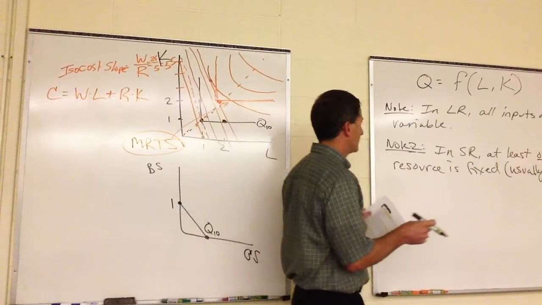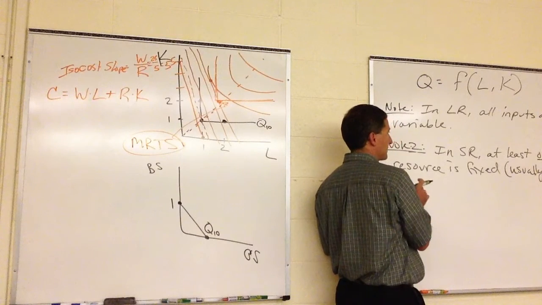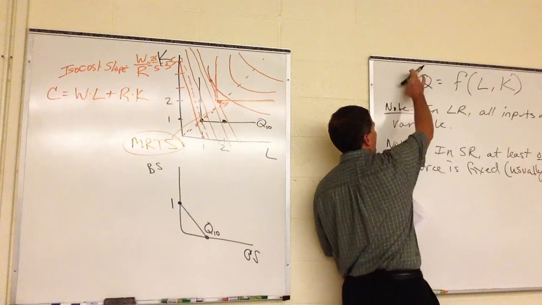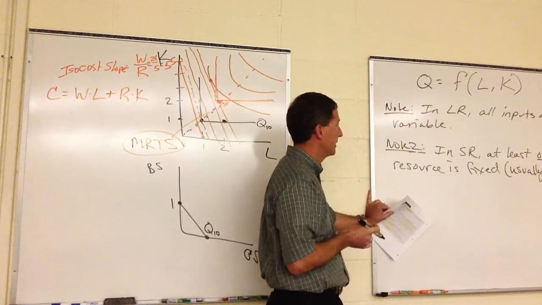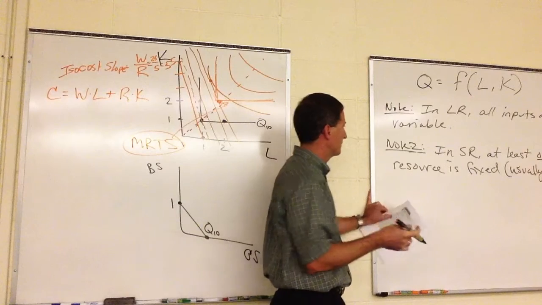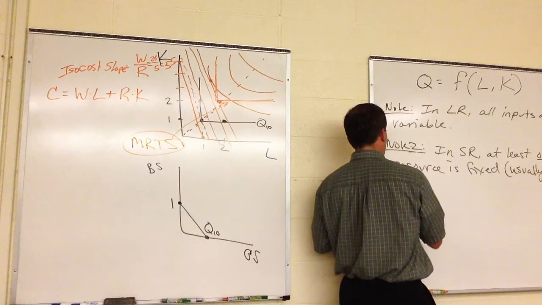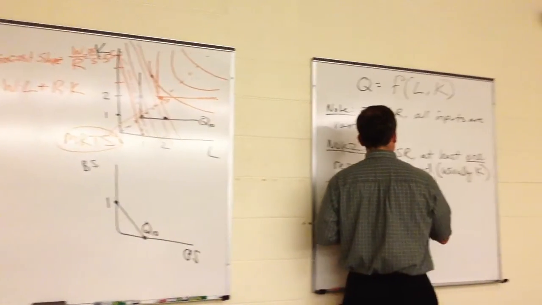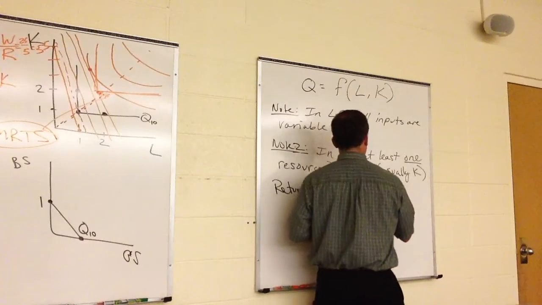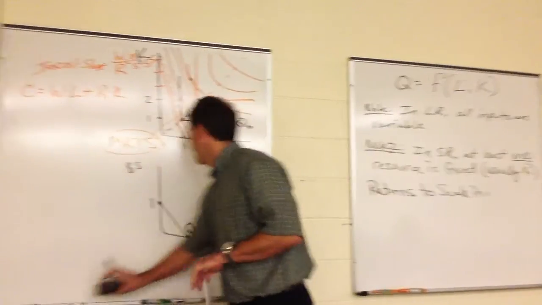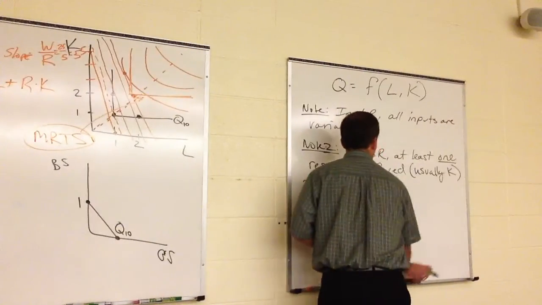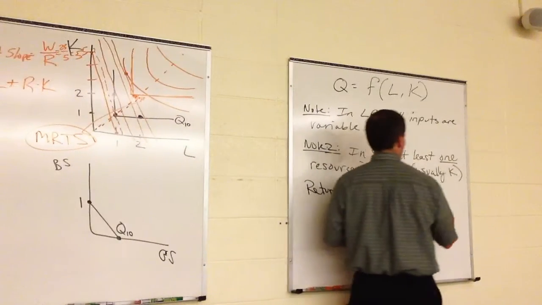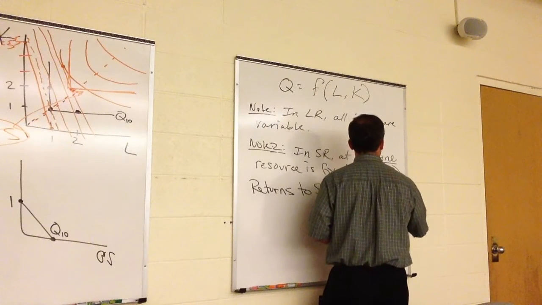Okay, so increasing, decreasing, or constant returns are exhibited here through what happens to output if we change everything. So returns to scale, which I'll call RTS, is a long-run concept.